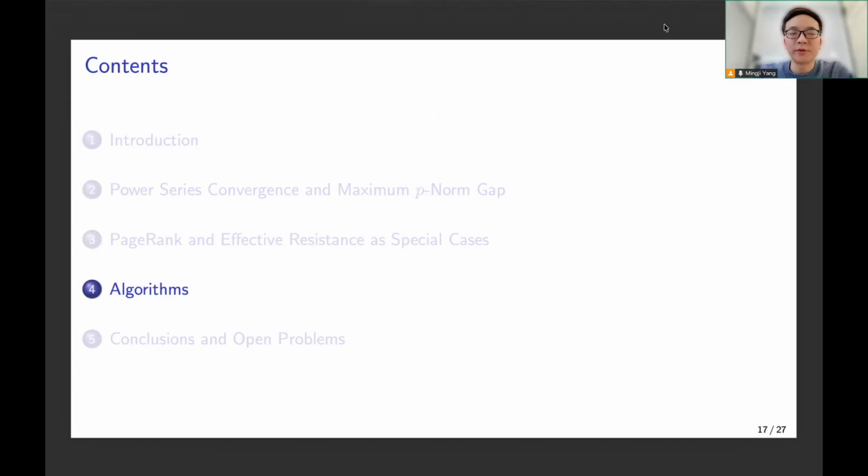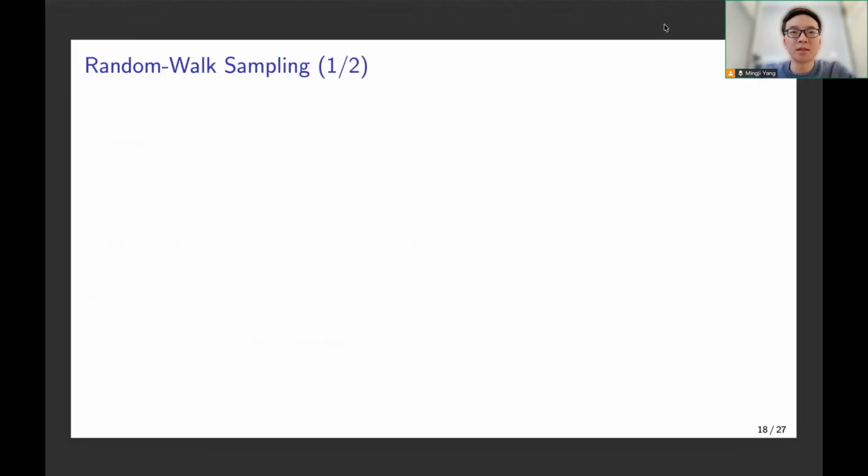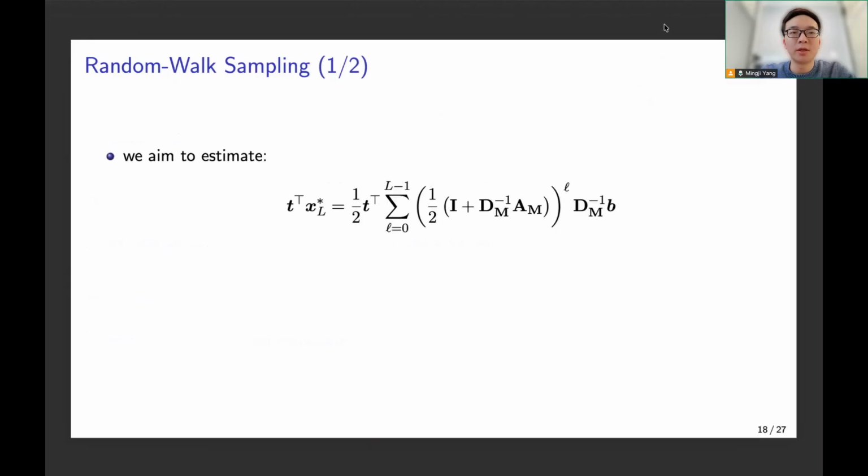Okay, next I'll briefly introduce some ideas of our algorithms for solving RDD or CDD systems. Our first technique is random walk sampling, which is in fact a traditional technique. So recall that now we aim to estimate the inner product between T and the truncated version of this power series. And the key observation is that when M is row diagonally dominant, the relevant matrix, half I plus D inverse A taken as entry-wise absolute values, is row substochastic, which makes it a transition matrix for random walks on the graph.